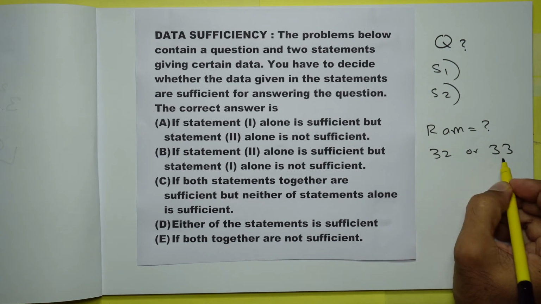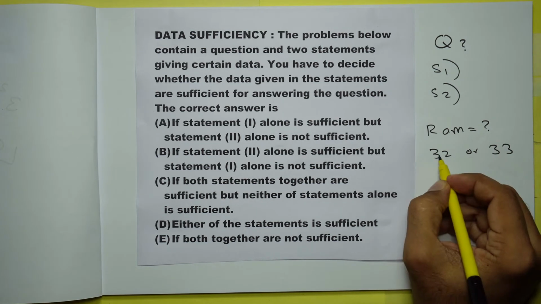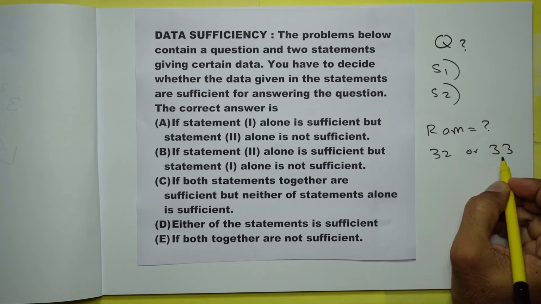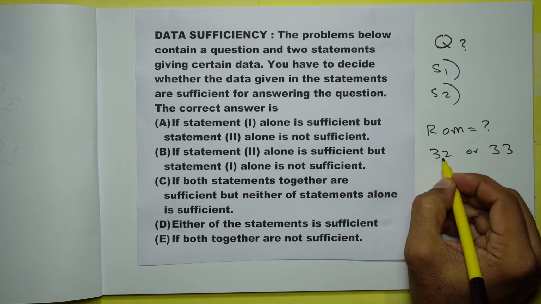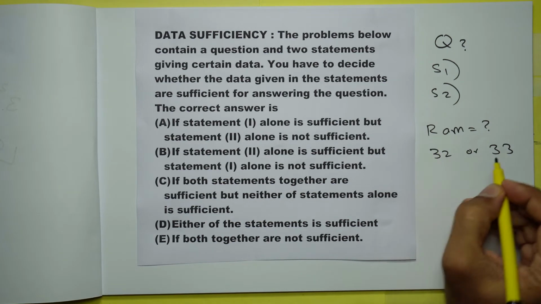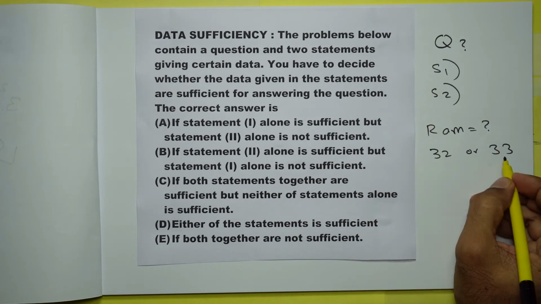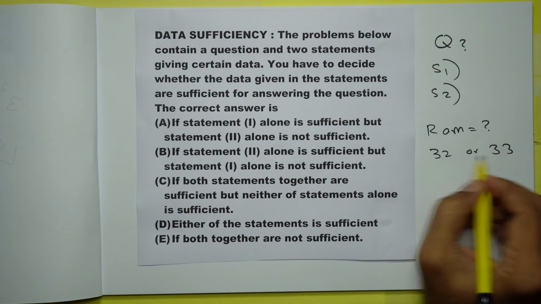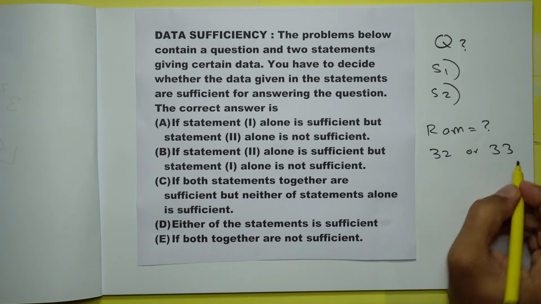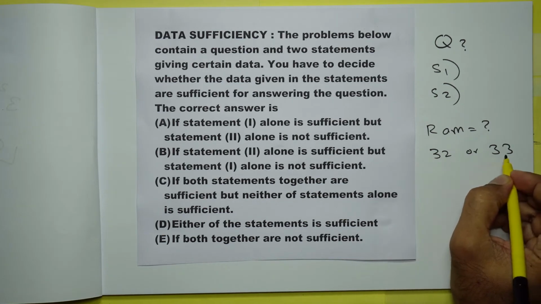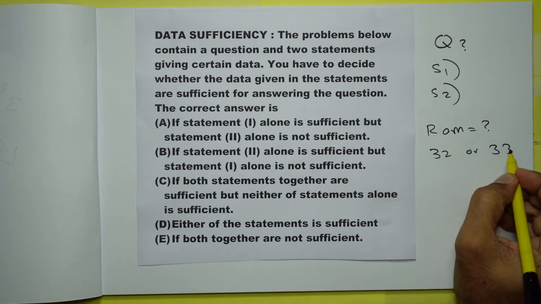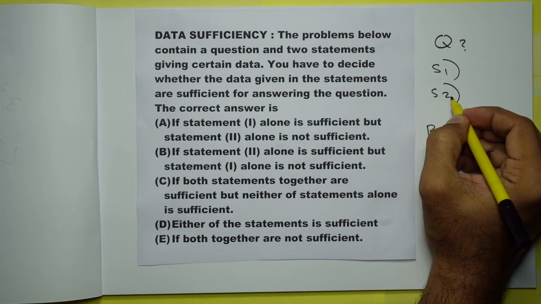Such kind of maybes are not allowed. You have to get one exact and clear-cut answer. If you get a clear-cut, yes, Ram is 32, that is okay. 33 is also okay. But you cannot say maybe 32, maybe 33. Such kind of maybes or vagueness is not allowed. So you have to get one exact answer, and to get that one exact answer, how much data is necessary?